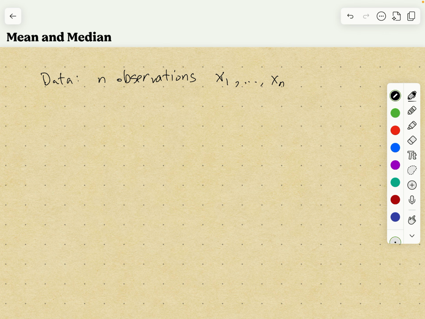The point of the mean and the median is to summarize the statistics. Recall that the mean is just the average. You add up all your data points and divide by n. I'm assuming that all of these data points are just numbers.